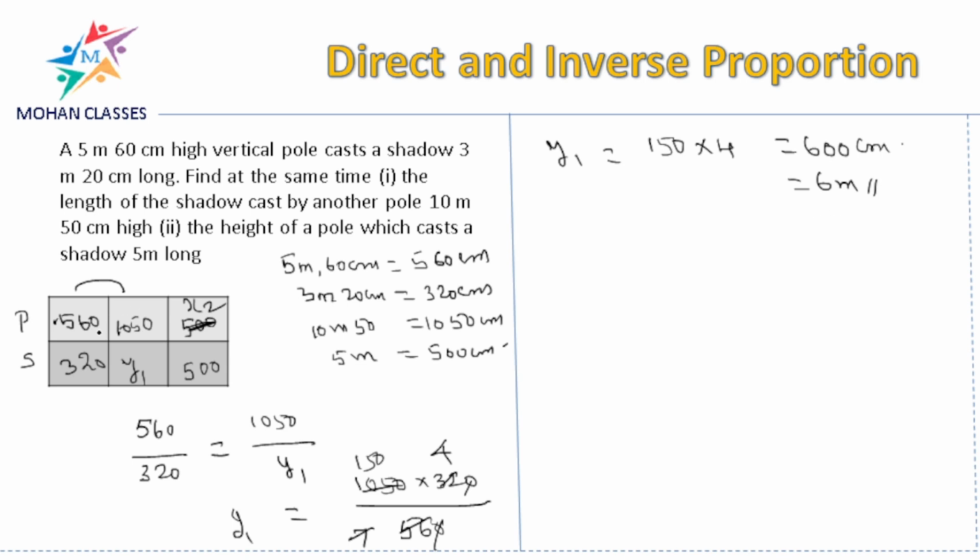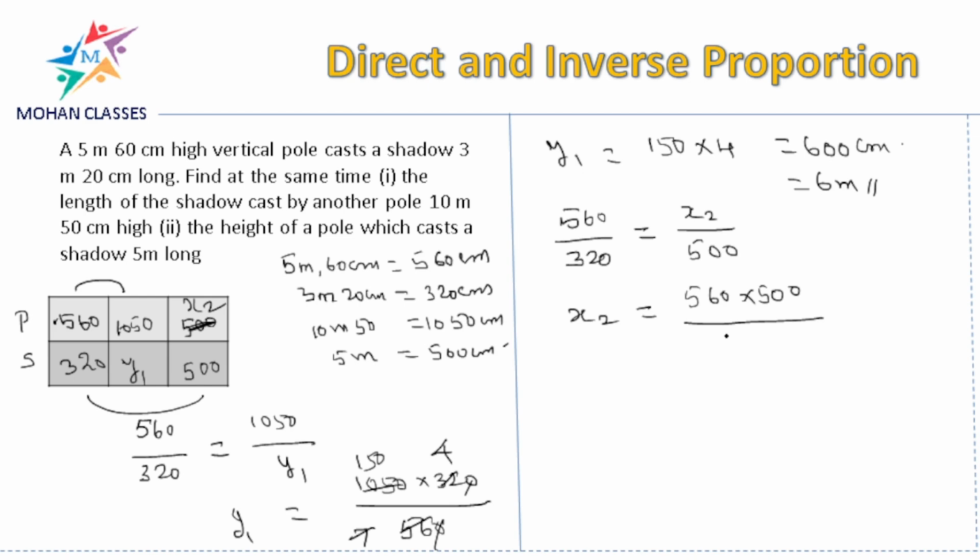Now you have to find out what is the pole height. So like this ratio we have to take. So that is 560 by 320 is equal to x2 by 500. Okay. So therefore x2 is equal to 560 into 500 divided by 320. So what you will get? 4 8s are 32, 7 8s are 56.